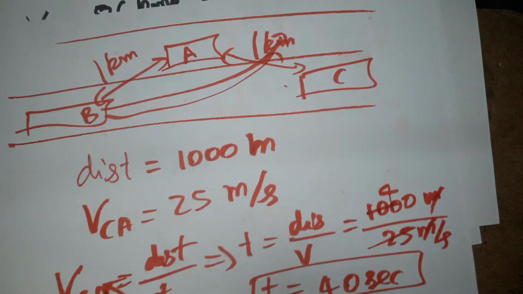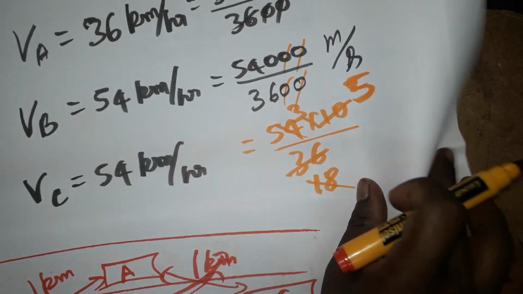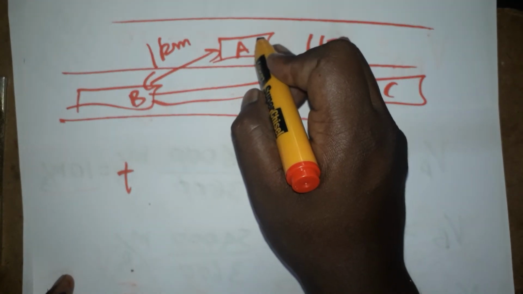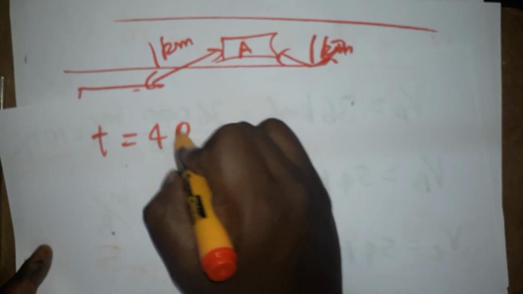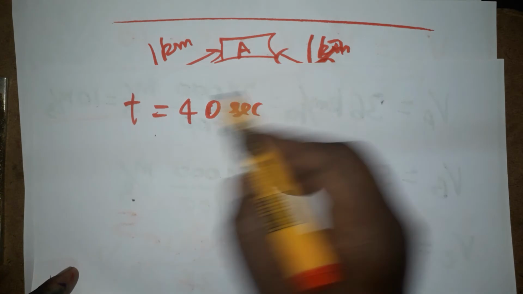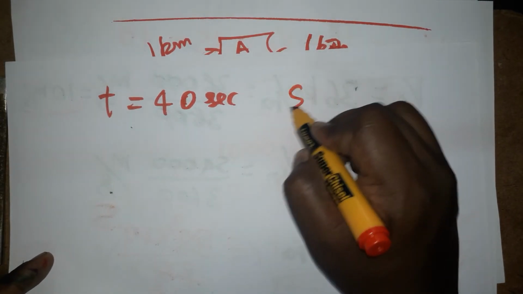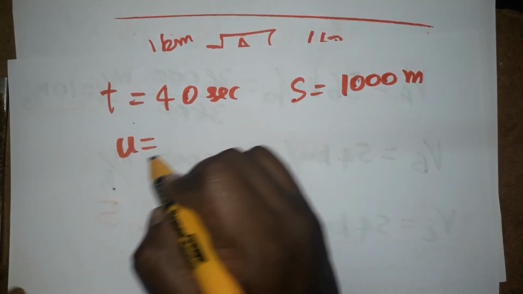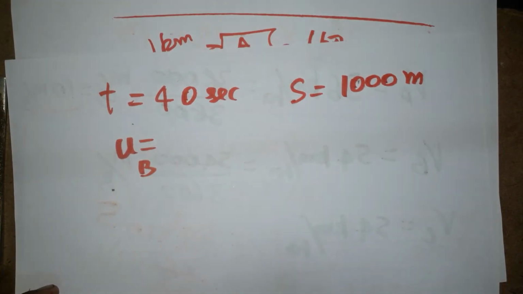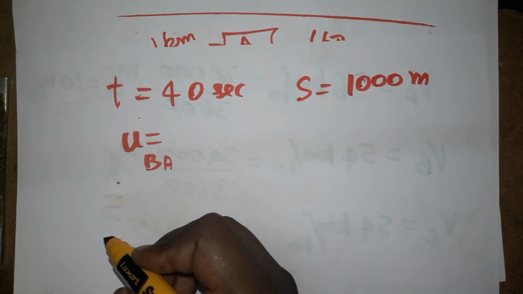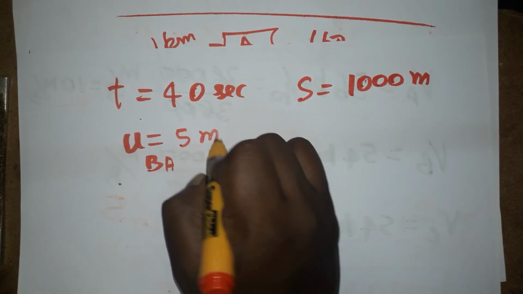Now it is very simple. Now I know the time period: the maximum time B can take to overtake A is 40 seconds, because within 40 seconds he will come closer to C. The distance he has to cross is 1000 meters. The initial velocity of B with respect to A is 5 meters per second.